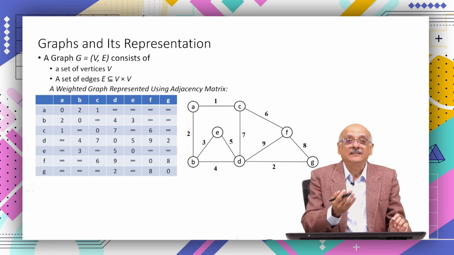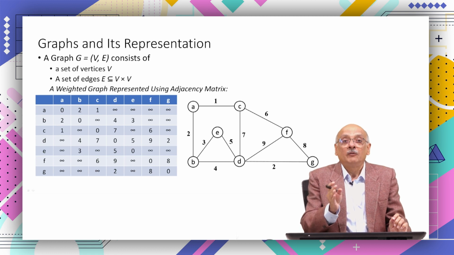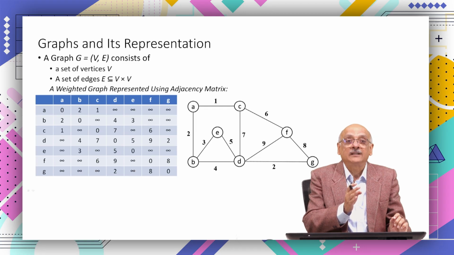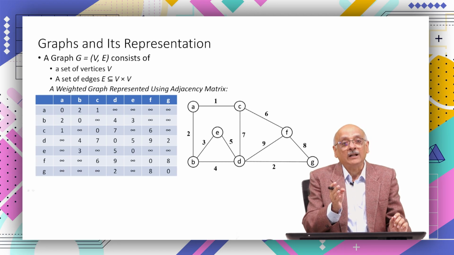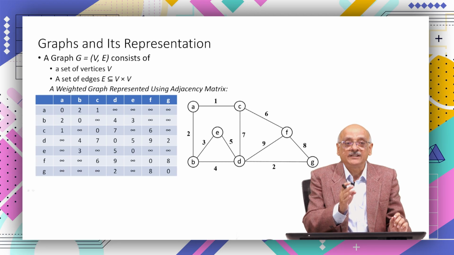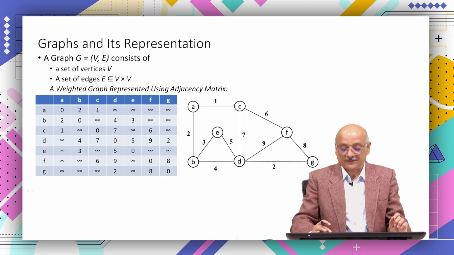Now, obviously this problem is related to a graph. So the first thing to define is how a graph is going to be represented when we use Kruskal's algorithm. A graph G consists of a set of vertices V and a set of edges.